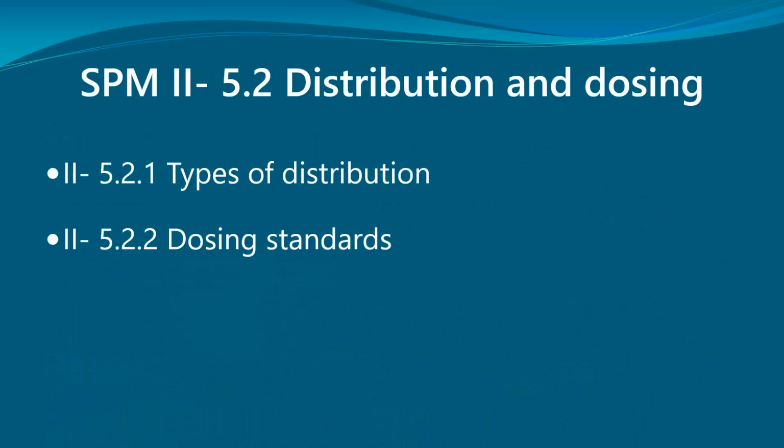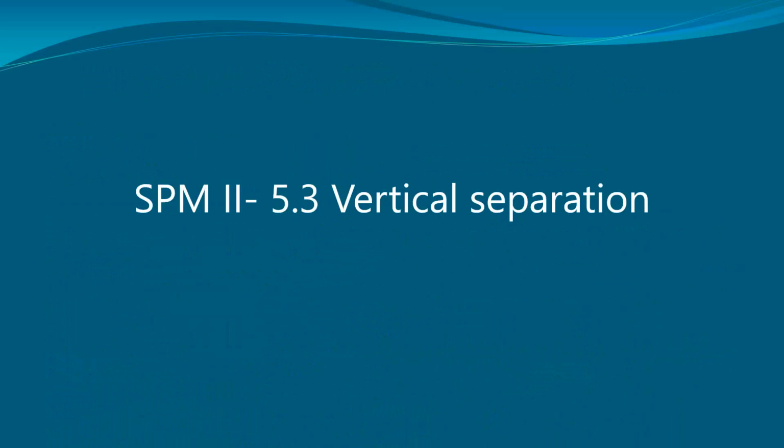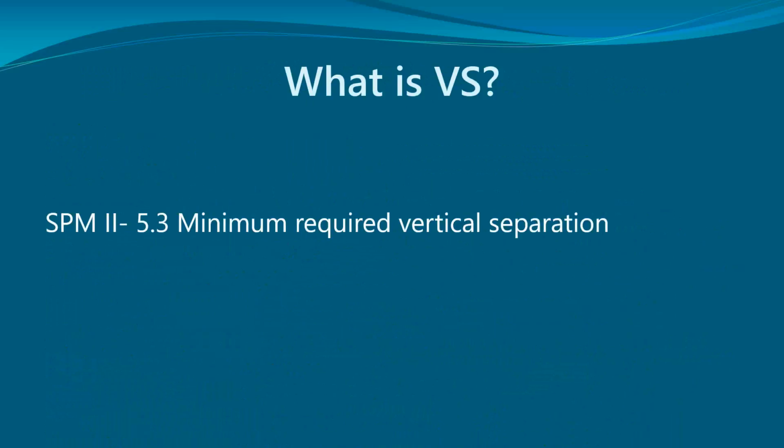I guess I'll skip this stuff. Distribution and dosing, types of distribution. Hopefully maintenance providers understand that dose to D box is still gravity, and so on. There's very extensive dosing standards, and now we go to vertical separation.